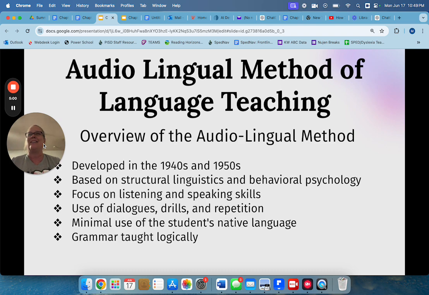I see a lot of this in the foreign language classes that some high schoolers take. This method minimizes the use of the student's native language, and it teaches them grammar through very logical sequences.